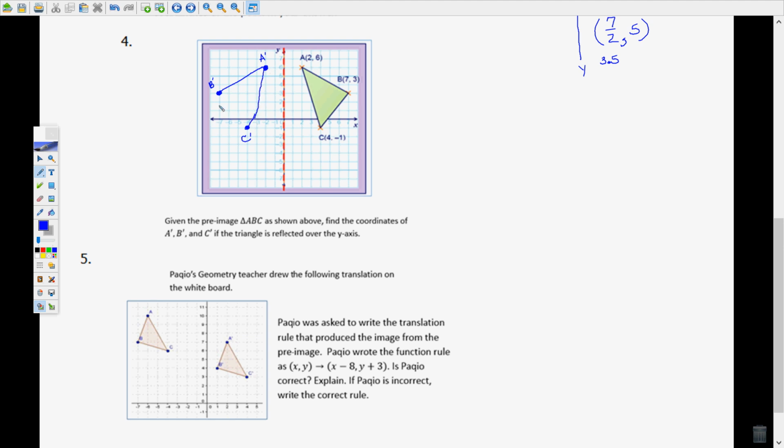And the correspondence, excuse my messy triangle, the correspondence that goes with that when you cross over the y-axis or reflect over the y-axis is you take the opposite of your x and your y stays the same. This is a reflection over the y-axis.